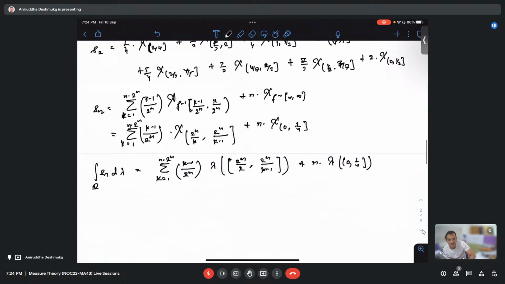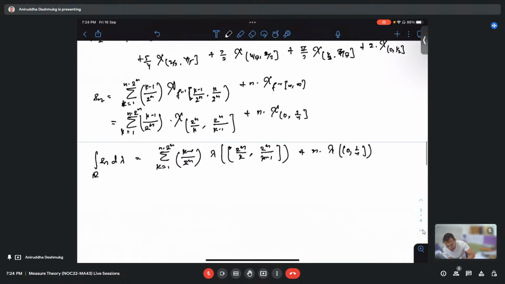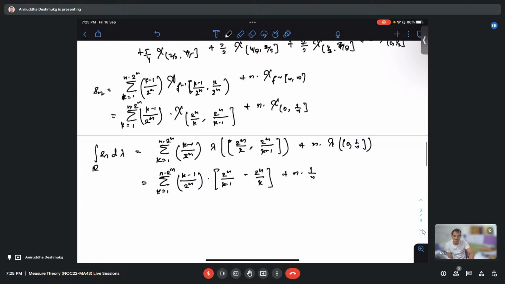And we know how to calculate lengths of intervals. Just look at the endpoints and subtract the smaller one from the bigger one. So it is the sum over k from 1 to n times 2 to the power n, (k minus 1) by 2 to the power n, into [2 to the power n by (k minus 1) minus 2 to the power n by k], plus n into 1 by n. So this is 1. It doesn't really matter. It doesn't depend on n at all.